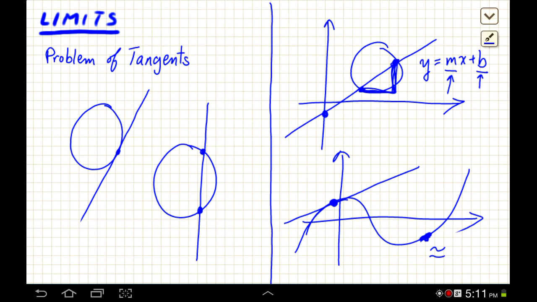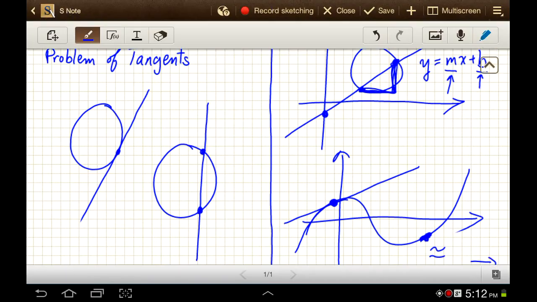However, you will not obtain the precise instantaneous slope, the tangent slope there. In order to do so, we need the matter of limits. So let's go on to the next page.